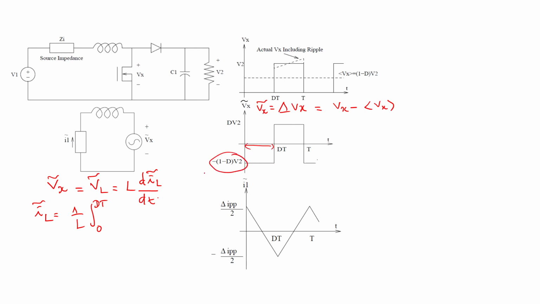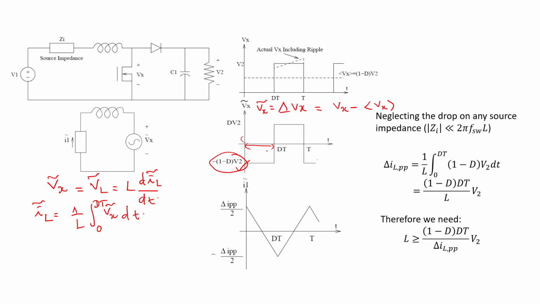So you use this value VH-TL dt. So during this period, this value is 1 minus d times V2. Okay, so finally you can calculate this integral.